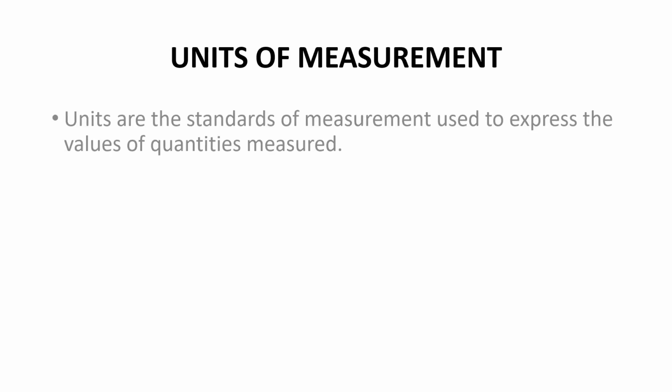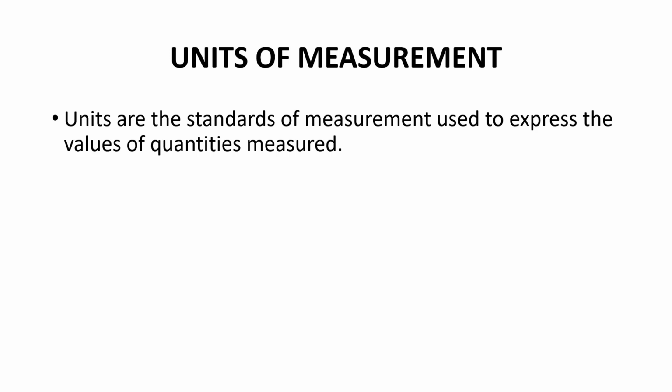So now I want to look at the unit of measurement. How will you define unit? Units are the standards of measurement used to express the values of quantities measured.